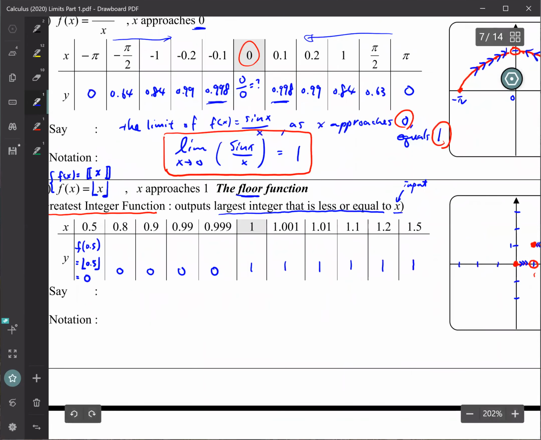Okay? So the limit of f of x equal to the floor function as x approaches 0 does not exist.